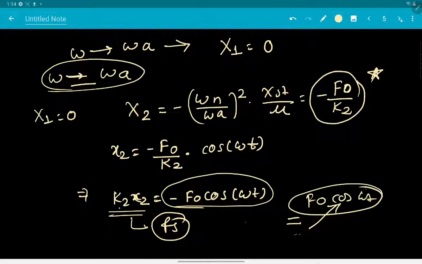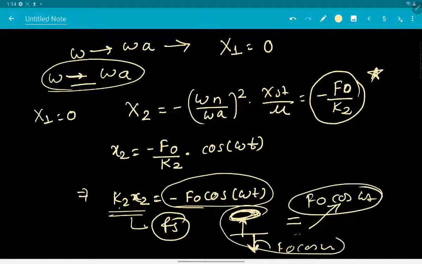So these two forces, the force which is acting on the mass because of the spring attached to the secondary spring mass system, and the force because of the externally applied forcing, F0 cosine omega t, are exactly equal and opposite.